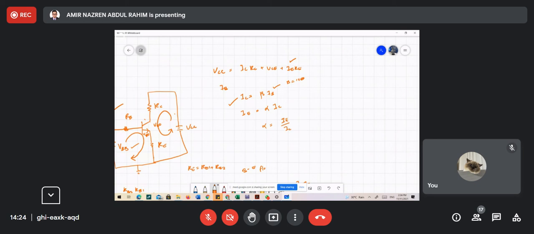So the alpha equal to beta over beta plus 1. Beta we already have, so we can get the alpha. So by replacing alpha here, we got the value of IE. Since IC we got, we can get the IE. Okay, finish for the first task.